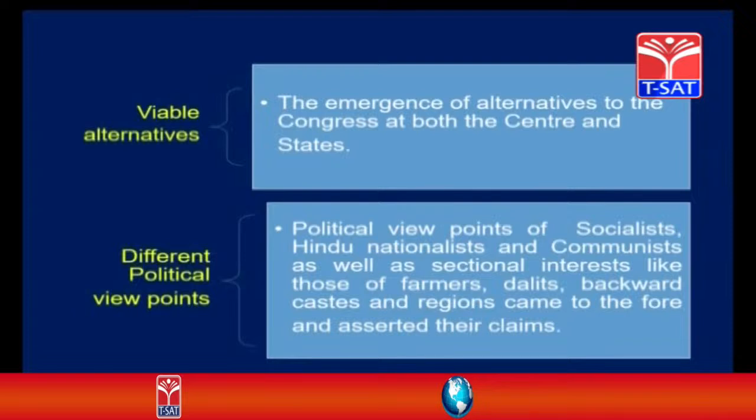These political viewpoints of socialist, Hindu nationalist and communist, as well as sectional interests like those of farmers, Dalits, backward classes and regions, came to the fore and asserted their claims.